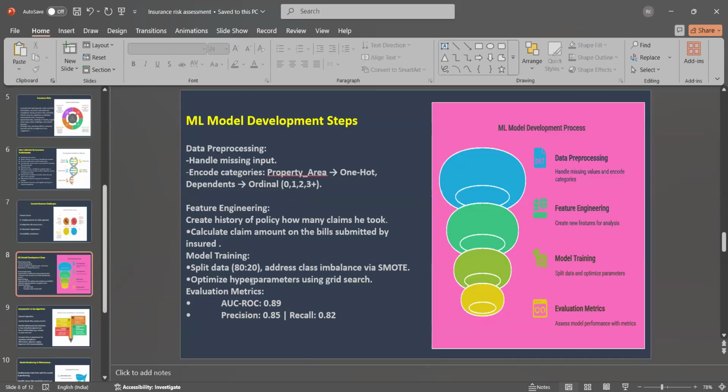Calculate the claim amount based on the bill submitted by the insured. I keep a calculator to easily calculate the claim amount, whatever bills are submitted. Model training: splitting the data 80-20, addressing class imbalance via SMOTE, optimizing hyperparameters using grid search, and evaluating metrics.